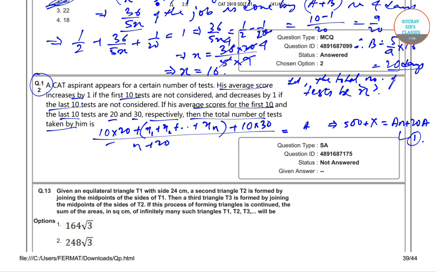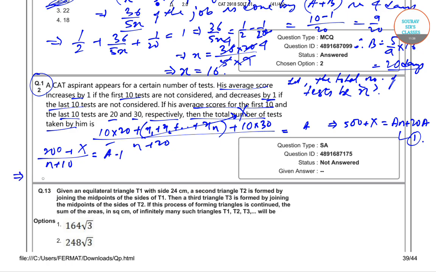The next part is, we have found out that if the last 10 tests are not considered, then the average score decreases by 1. So we have 10 into 20, that is 200, plus x1 plus x2 plus up till xn equal to capital X, so 200 plus x, and 10 tests are neglected, so n plus 10, and this will be equal to a minus 1.